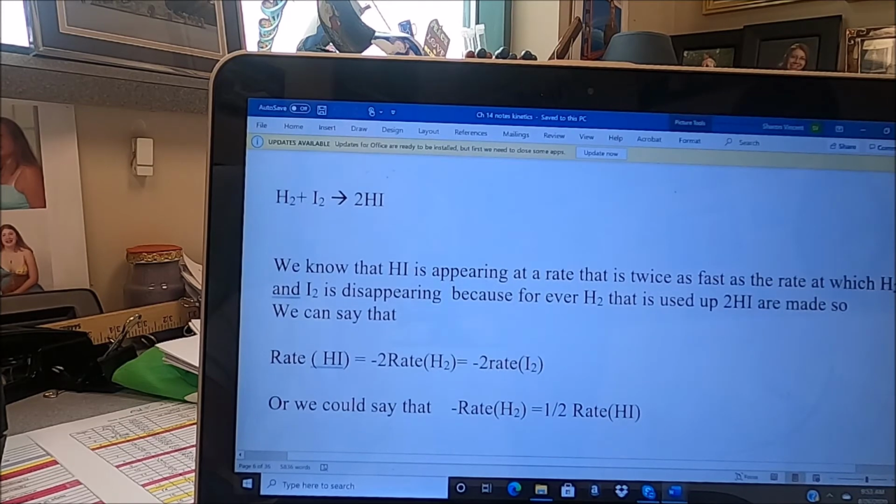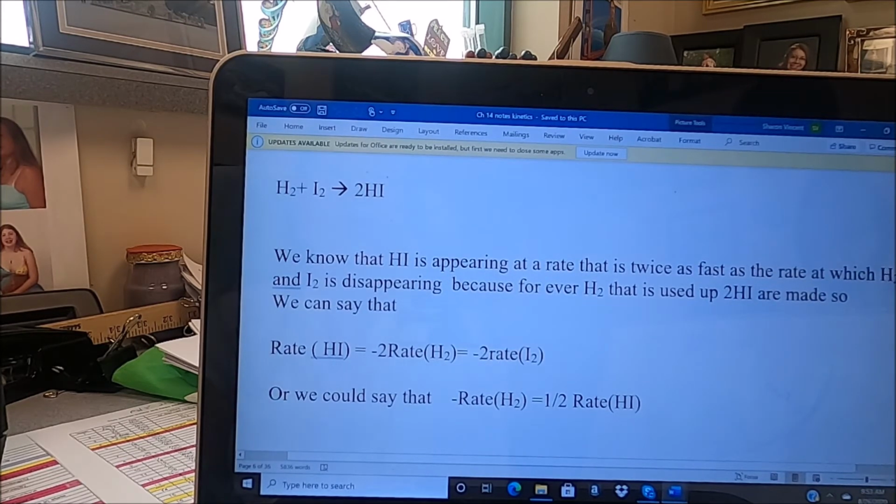Okay? Now, let's look at another reaction. We had a reaction that had an A going to B. Now let's look at a reaction where two reactants react to produce a product. So hydrogen plus iodine going to hydrogen iodide. Okay?